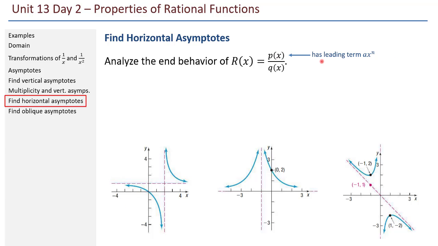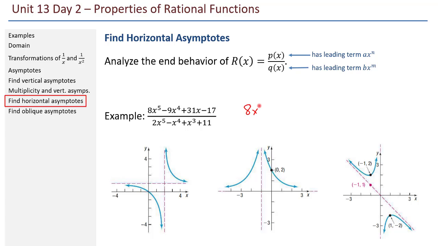That numerator, let's suppose that has leading term a times x to the n. And the denominator, let's call that leading term b times x to the m. For example, in this rational function, the leading term on top is 8x to the 5th. So that's like my ax to the n.